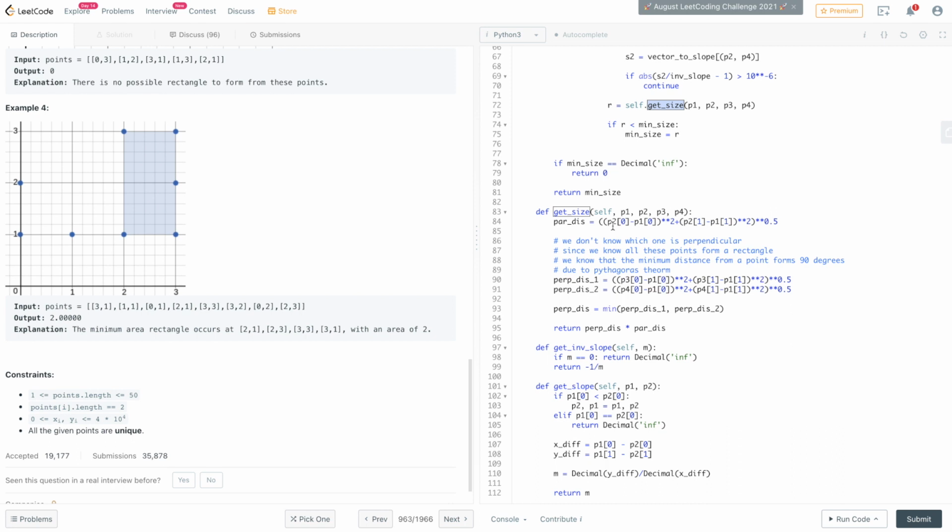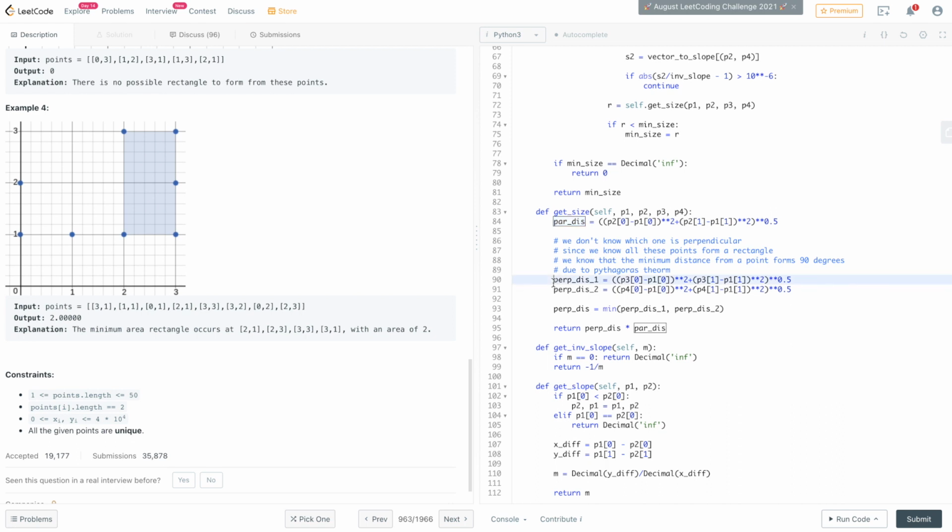We need the parallel and the perpendicular part. In this case, we don't know which one is the perpendicular exactly, because there are 4 points and one of them can be the hypotenuse. But what we know is the one that forms the rectangle will be the minimum distance because it's a 90 degree, right? And that is directly due to the Pythagorean theorem.